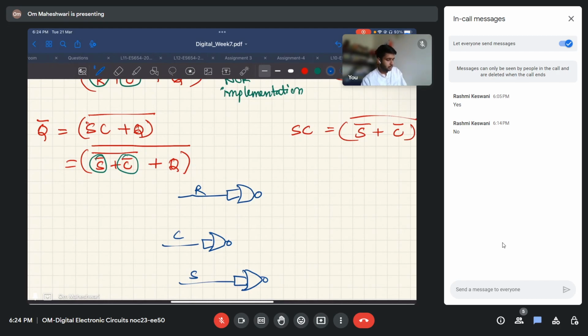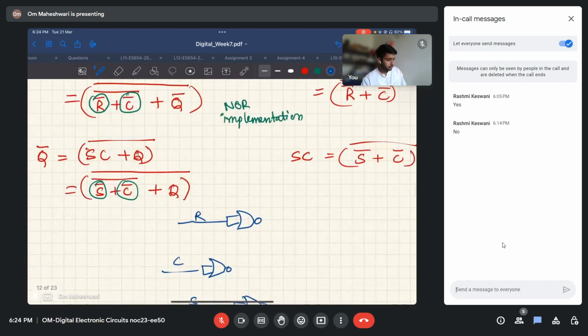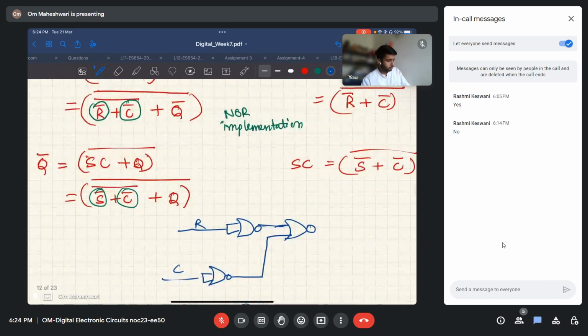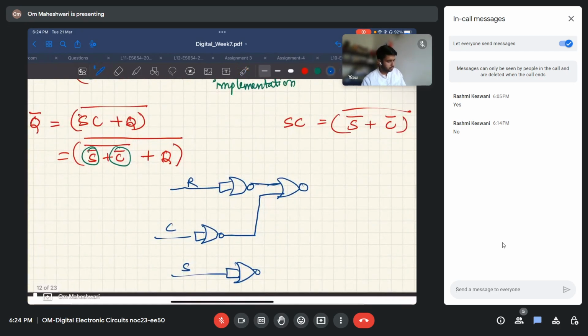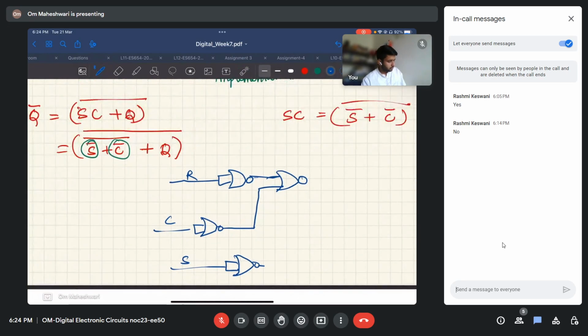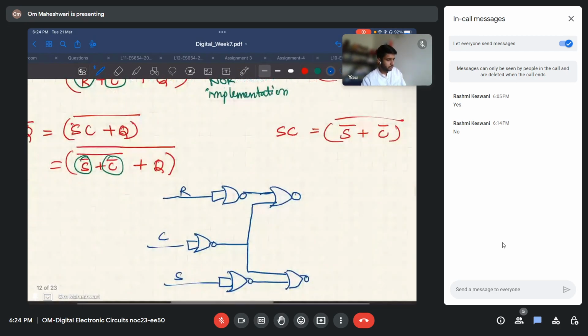Okay. Next we have R and C are NORed here in this term, and in this term S and C are NORed. Okay. Next we have simple latch operation.